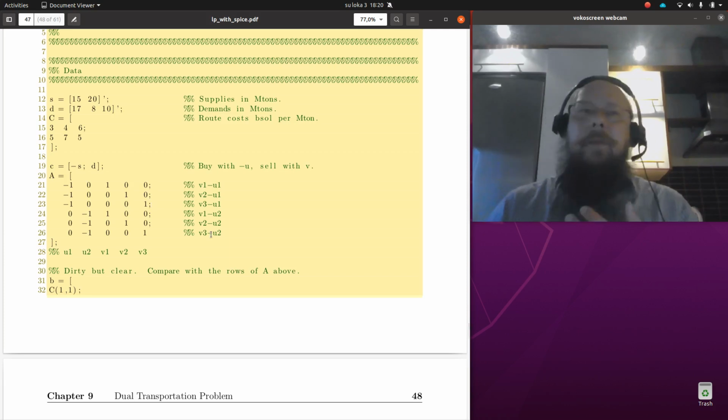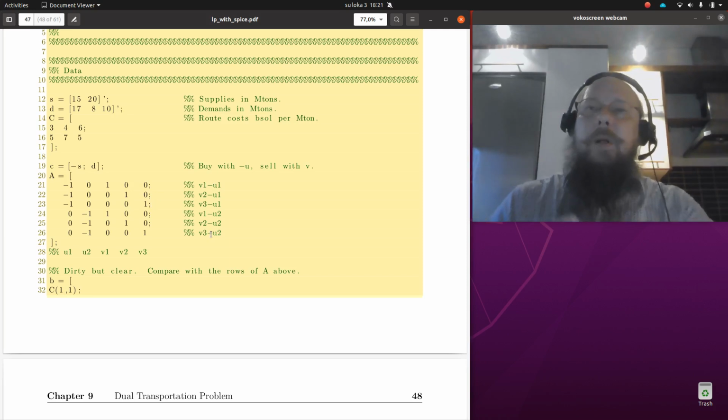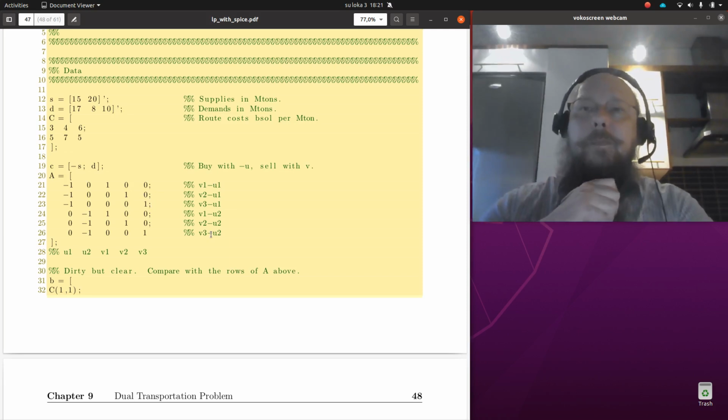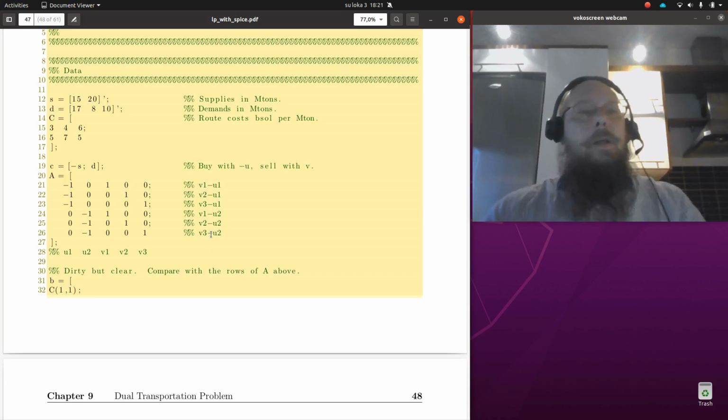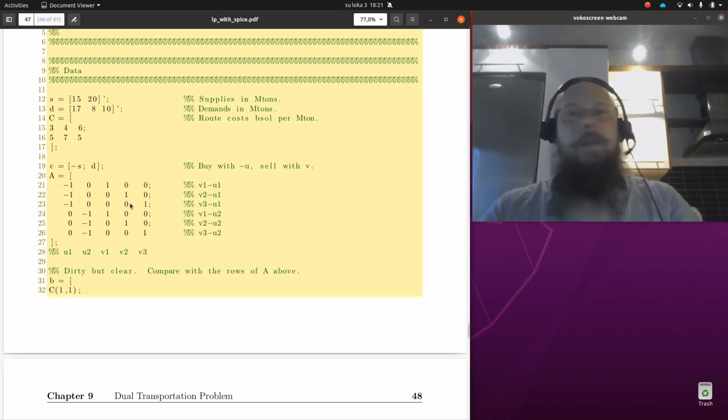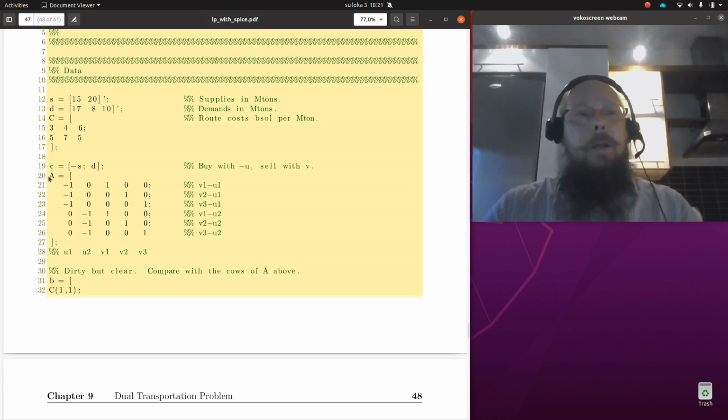So if you understood how the A was built in the primal case, then maybe from here you can see a similar thing happening in the dual case. Of course, this is what you expect. And this A is somehow the transpose, or actually minus transpose of the original one. Well, not quite, because there are minus signs here, but not here. Okay, so that was the technology.